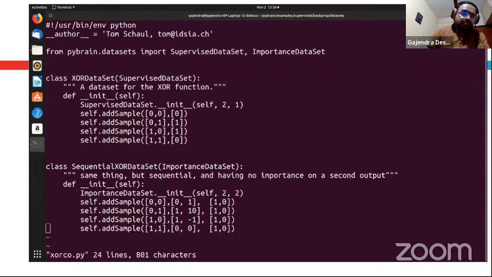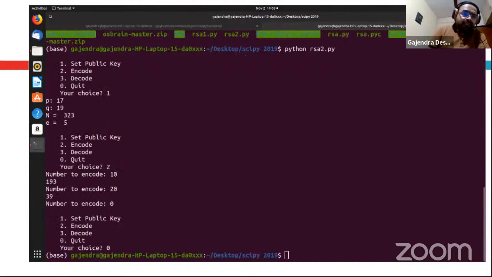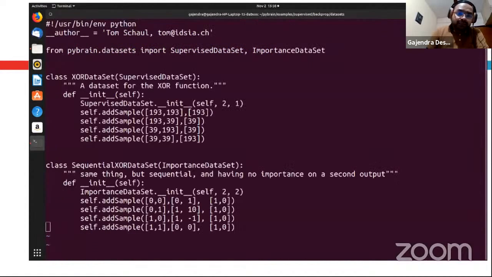You can see here our values were encoded differently. Instead of 0 and 1, we mapped them to 193 and 39. So 0 is mapped to 193 and 1 is mapped to 39.